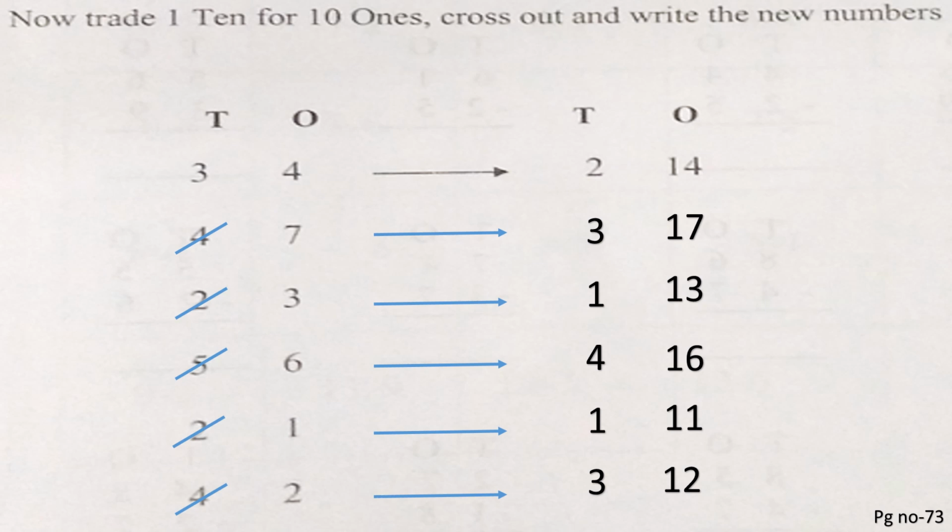In 47, we get 3 in tens place, which is the new number. And in ones place, the number is 7. We are going to add the 10 which we have carried. So it will be 17. Children, you try the same exercise with different numbers, so you'll understand them better. Okay.